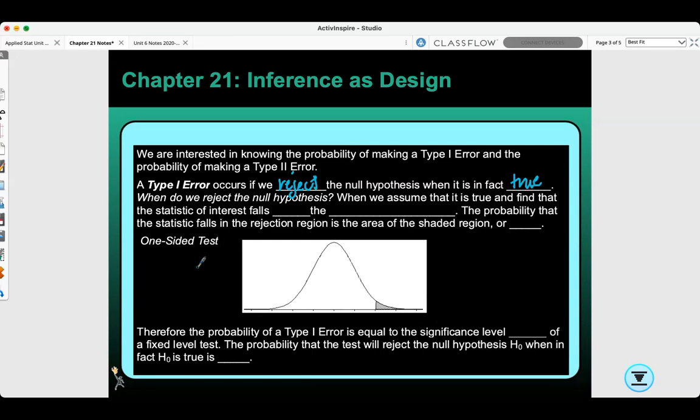When we assume that it is true and find that the statistic of interest falls inside the rejection region. The probability that the statistic falls in the rejection region is the area of the shaded region, or alpha. And like I said, alpha is the significance level.